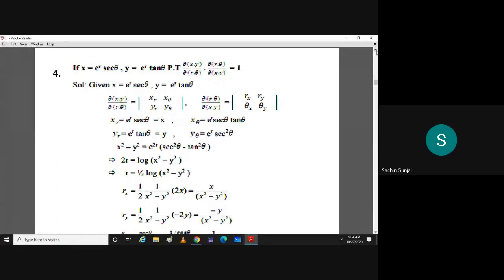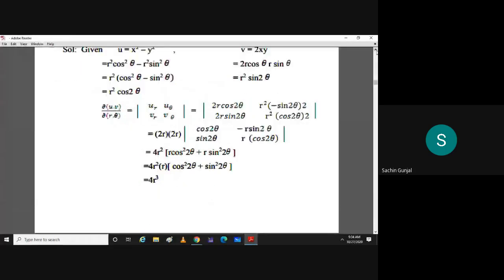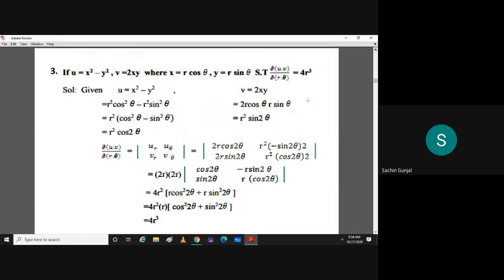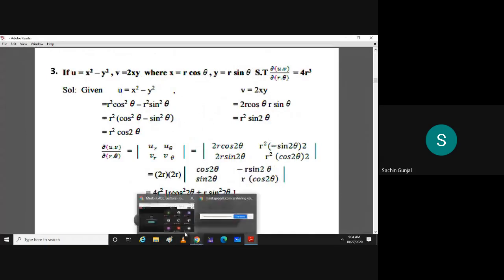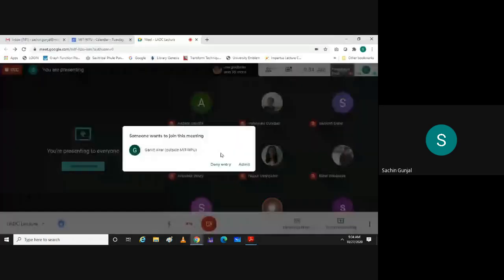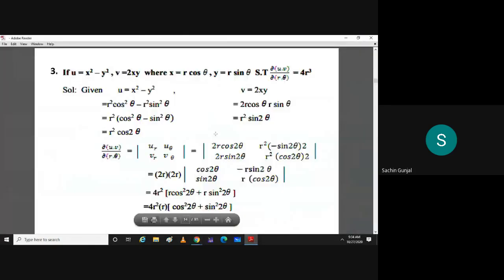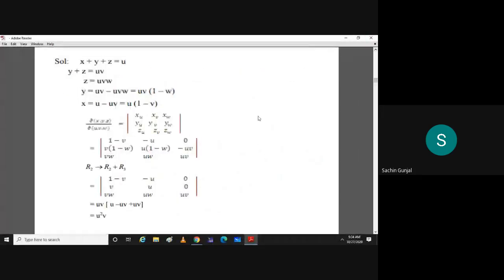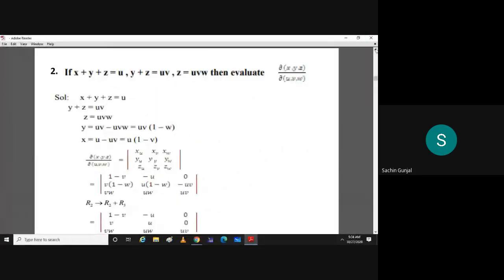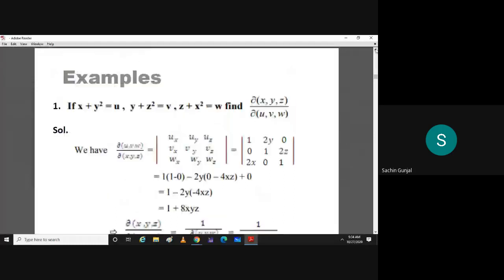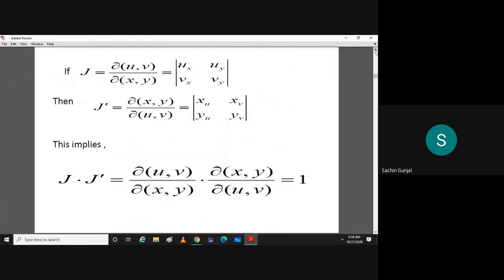Thank you. Let us quickly recall what we did last time. We have started with Jacobians, and in that, one important note we observed that J into J dash is always 1, and actually we are using it to find out Jacobian.